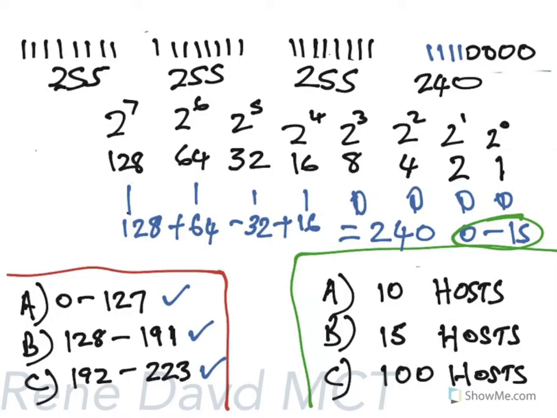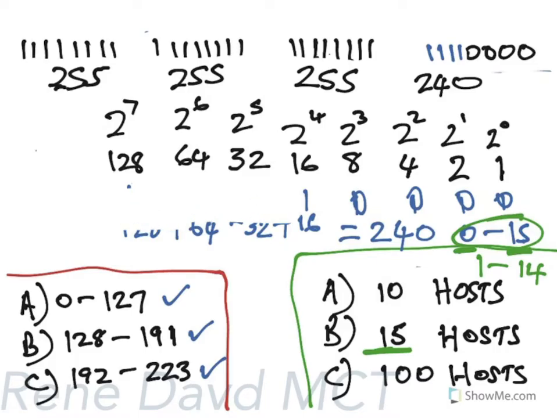In this case, 0 is the network identifier, and 15 is the broadcast address for that subnet. Because of that, our 4 bits actually only give us 1 to 14, and that's not enough for our 15 hosts. So we've actually got to add 1 more bit.